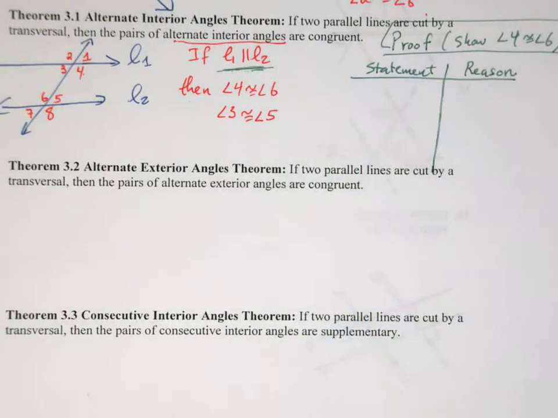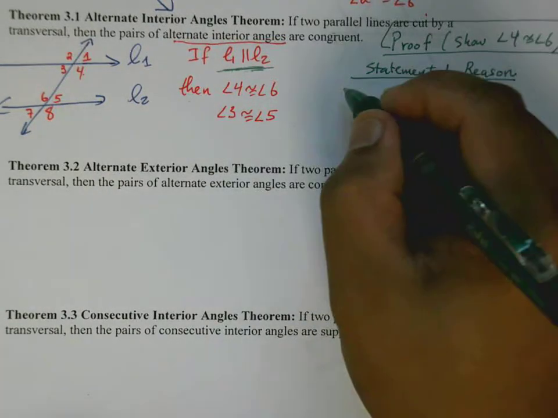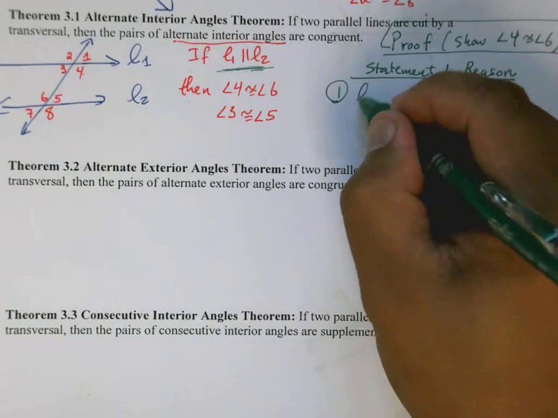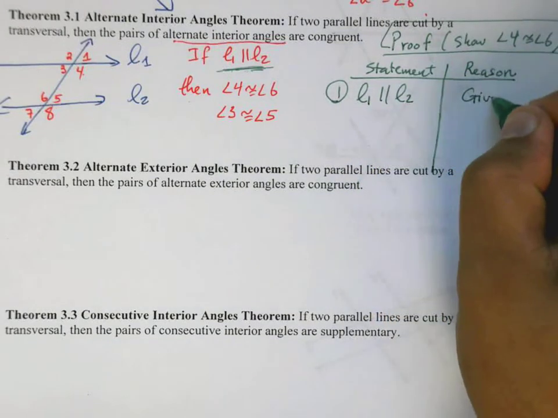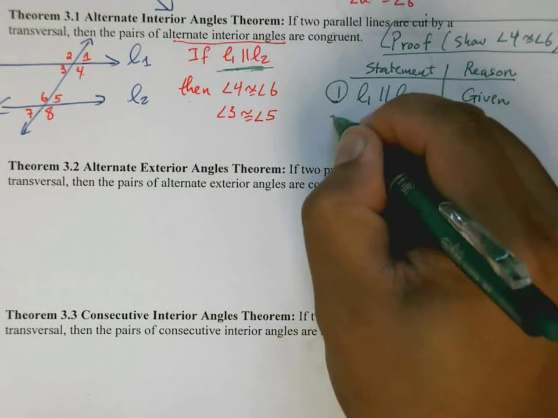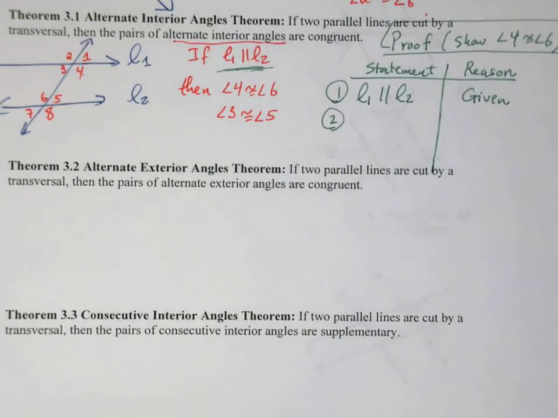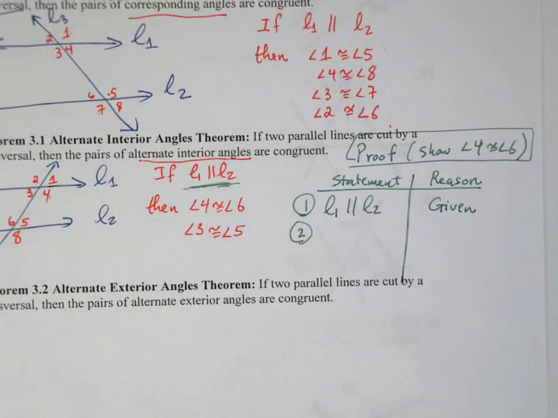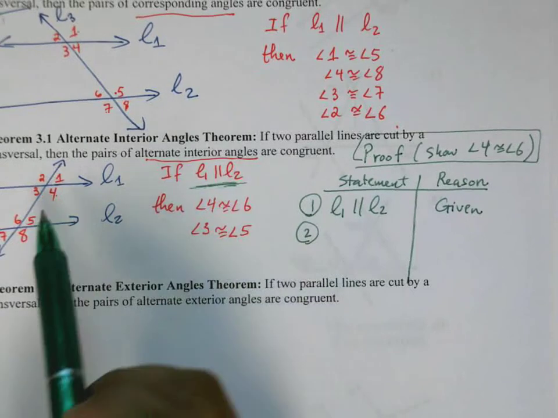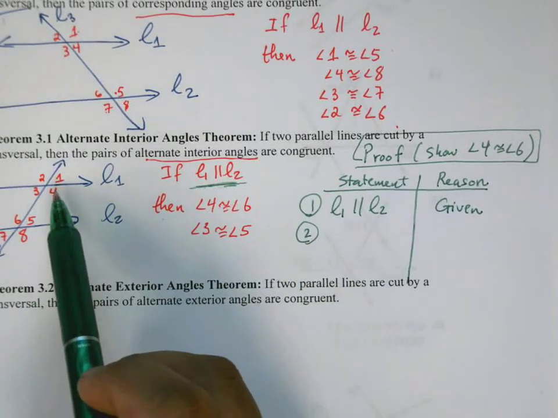Okay? So I'm going to start out with the first statement, which is that L1 is parallel to L2 because this is given. Okay. Next, I'm going to use the previous theorem that we had up here, which says to me that angle 4 must be congruent to angle 8.